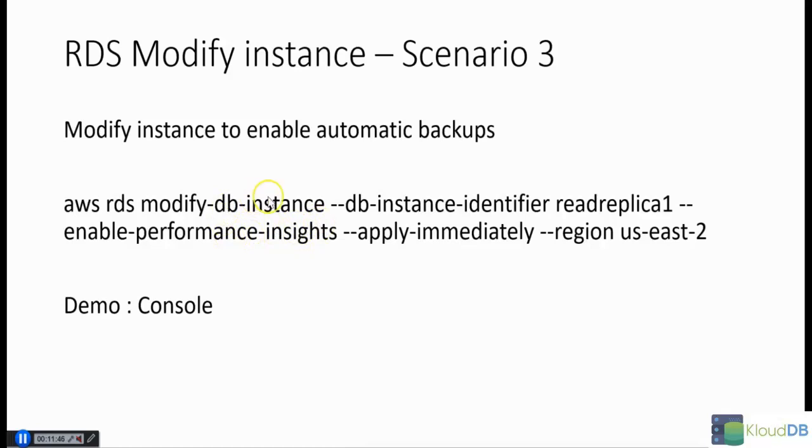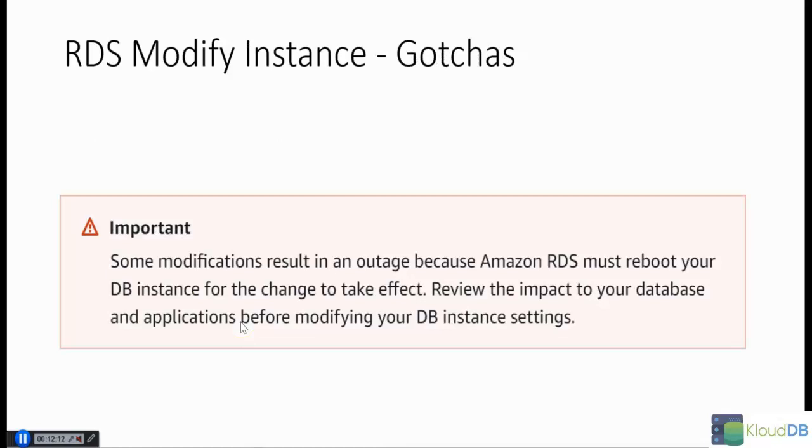In this case, you'll be given the backup retention period and then apply immediately. You can also use modify instance to enable automatic backups. Okay? The exact command will be given in the sections of the video later, but here I have a typo. We can also do the same thing using the console.